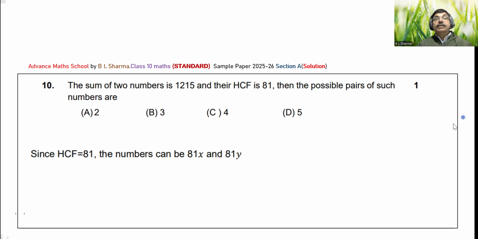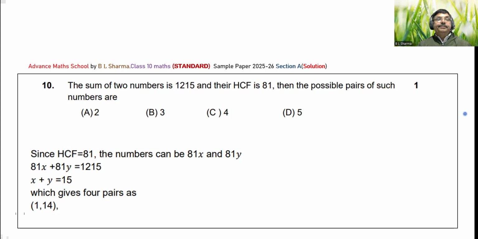It is given that their sum should be 1215, so you can write 81x plus 81y is 1215.